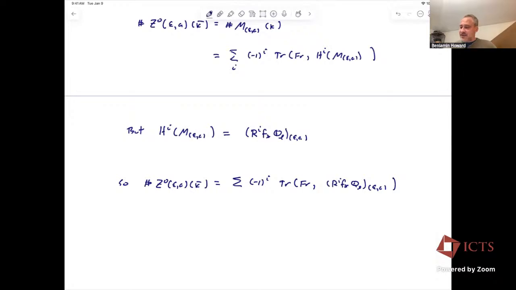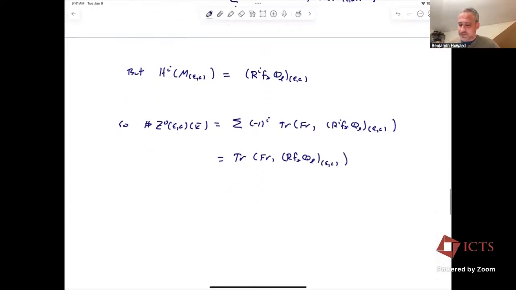And if you think of all of the higher direct images as i varies as coming from just some one object in the derived category, then there is no sum anymore. This is the trace of Frobenius on the higher direct image, taking the stalk at EA. So this is an object in the derived category.